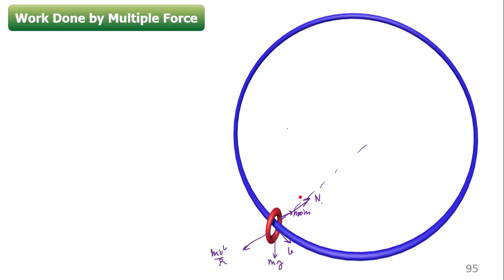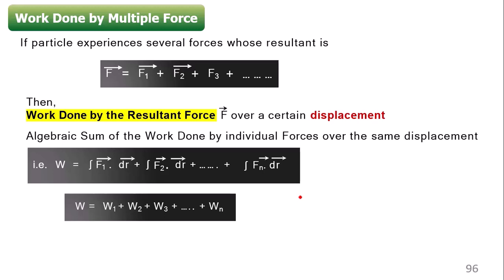In a case where multiple force systems are there, if the particle is experiencing several forces, you can calculate their resultant, which is nothing but the vector addition of all the forces. The work done by the resultant force F over a certain displacement is the algebraic sum of the work done by the individual forces over the same displacement.